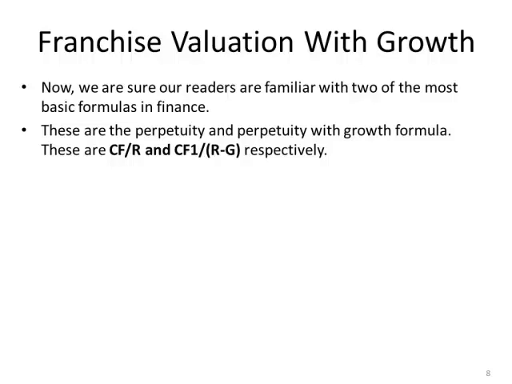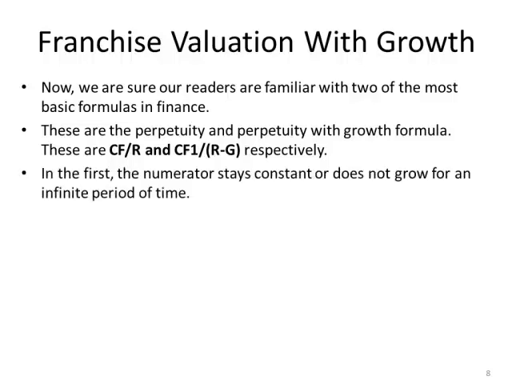In order to arrive at these, you could just write out the first cash flow, the second cash flow, and so on, and this would become the sum of a declining geometric series, which would condense to these two formulas. In the first one, the numerator stays constant, right? We're saying that there's no growth in the cash flow.